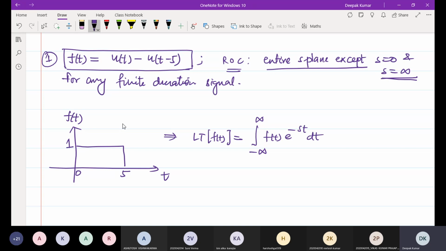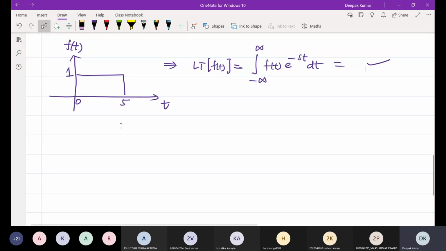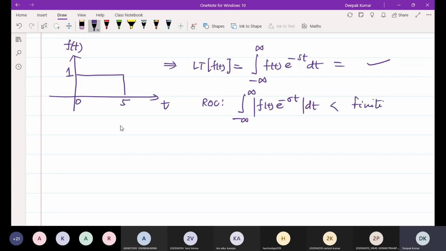But we are not interested in finding the Laplace transform, we only look at the region of convergence, because the Laplace transform is simple, you can solve it. But for the region of convergence, you have to check the integration from minus infinity to plus infinity of f of t e to the power minus sigma t. The integration of this should be finite. See what the possible values of sigma are for which this integration will converge.